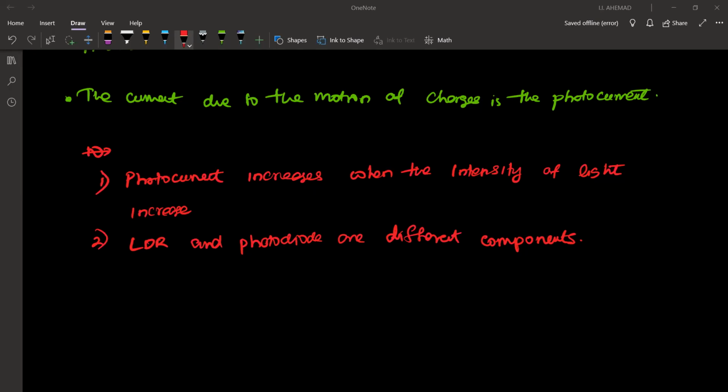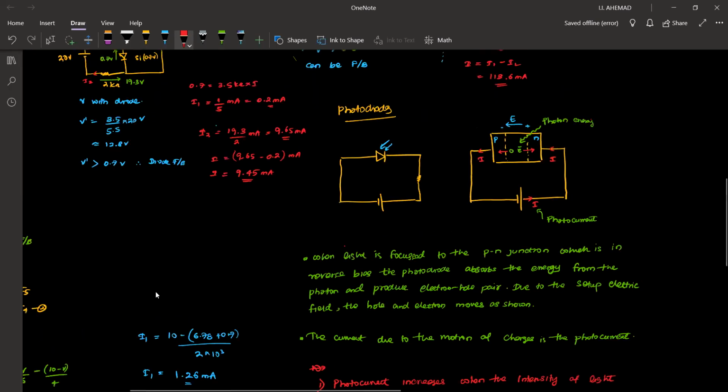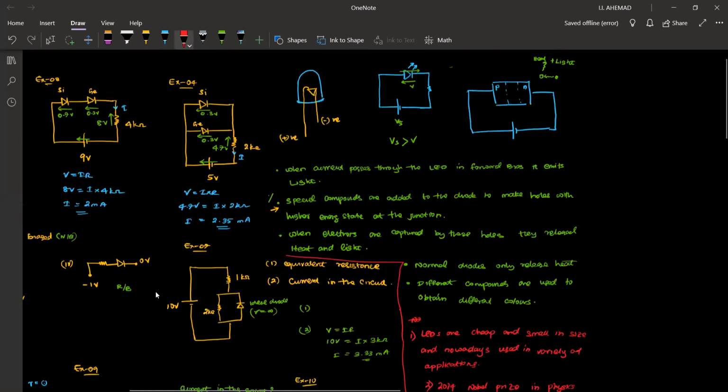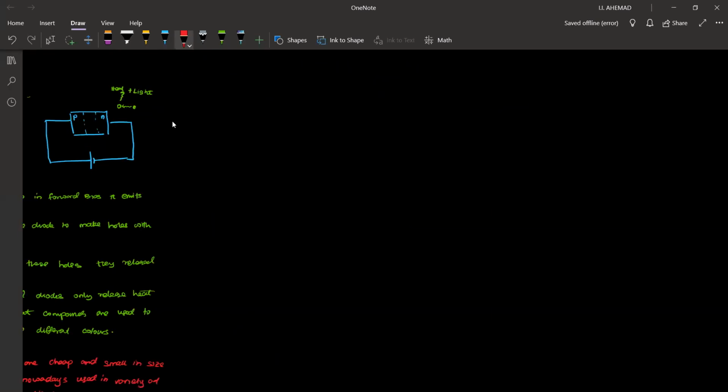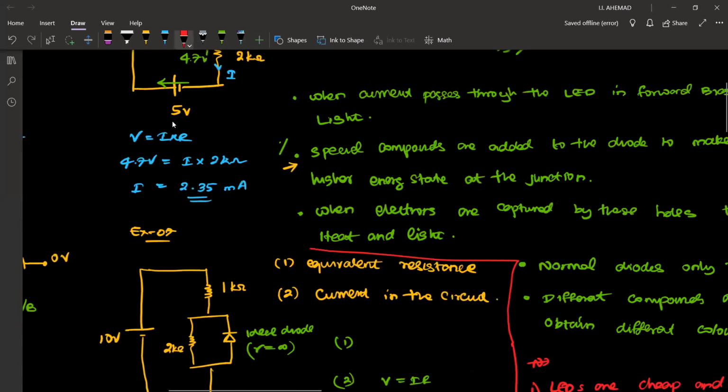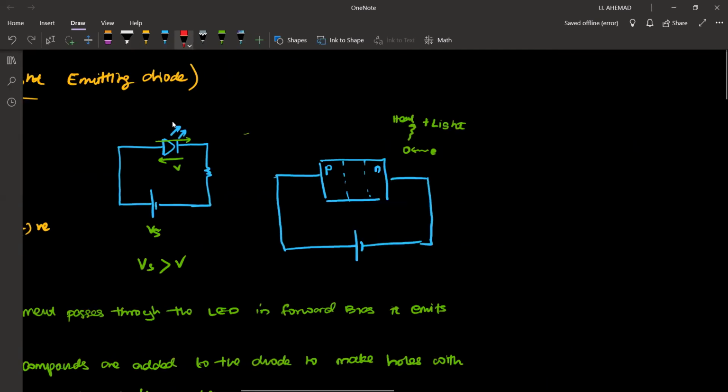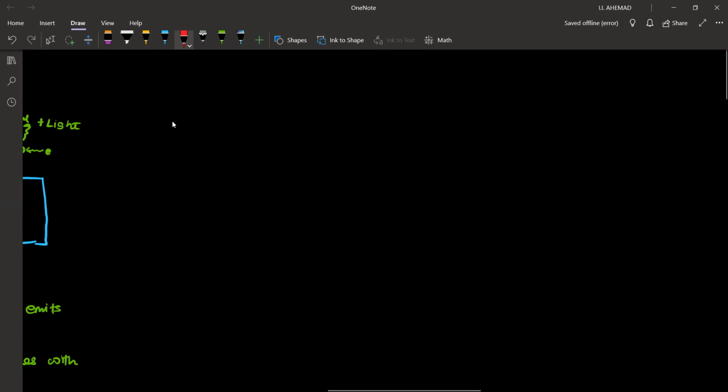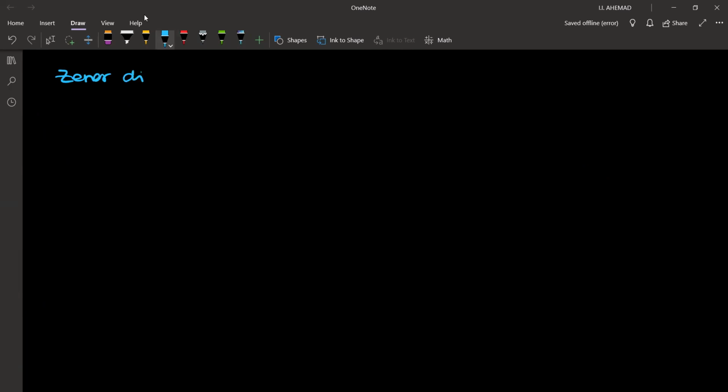Our next topic, Zener diodes. This is the symbol.